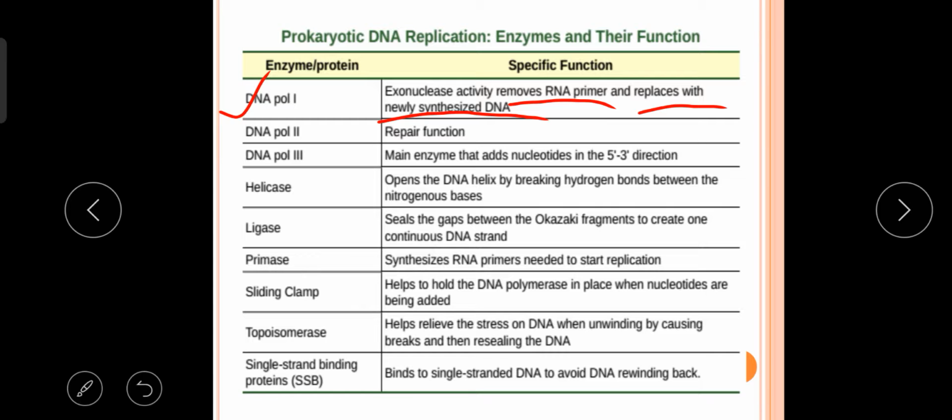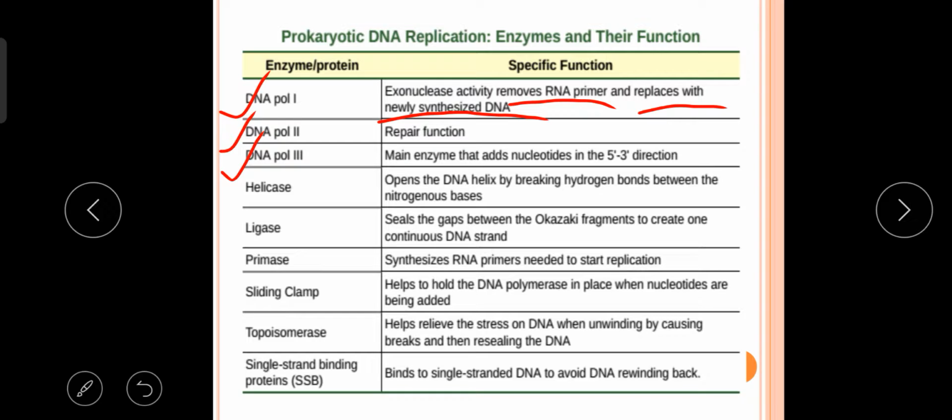Now the second one, DNA polymerase 2. The DNA polymerase 2 enzyme has a repairing function. It can repair mismatched pairs. I will tell you later. Now the third one, DNA polymerase 3.